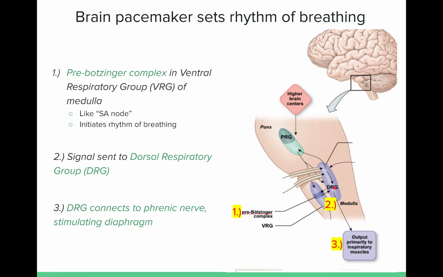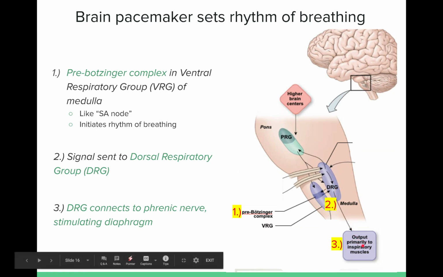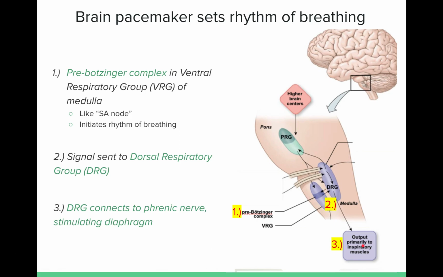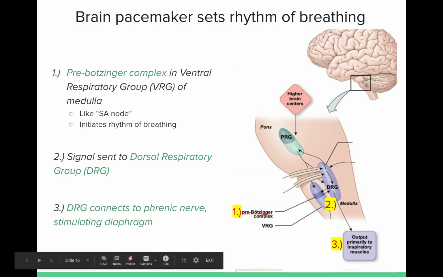And then these are the neurons that send a signal directly to your inspiratory muscles, so your diaphragm and your intercostal muscles, for example, telling them to contract so you can breathe in. So basically the sequence is Pre Botzinger complex, DRG then gets activated, inspiratory muscles contract.